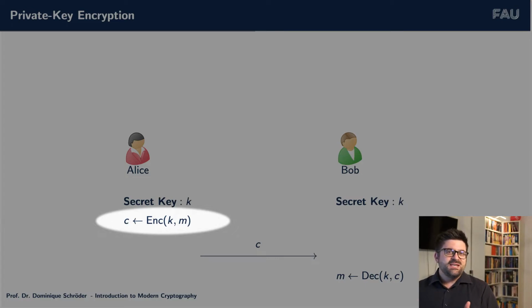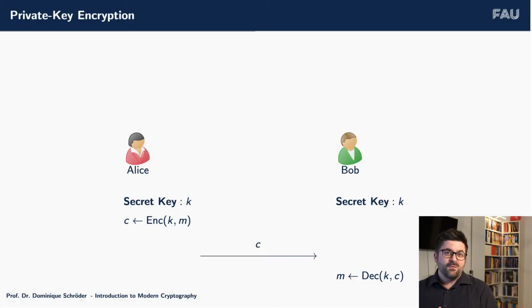As you can see here, Alice takes as input the message M, which is also called the plaintext, and the key K, and then she applies the encryption algorithm in order to derive the ciphertext C. So this is the first algorithm that we need in order to convert a plaintext into a ciphertext.